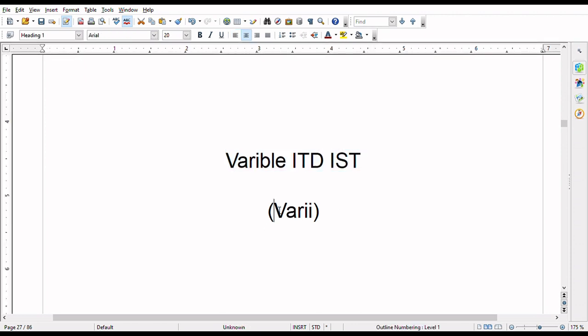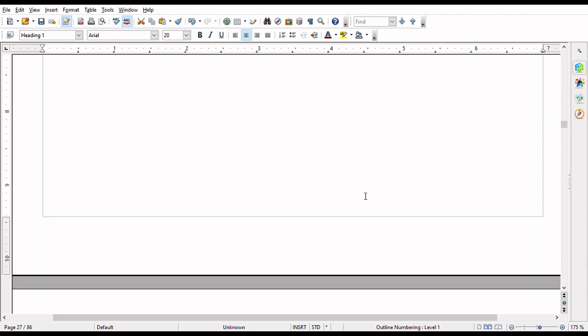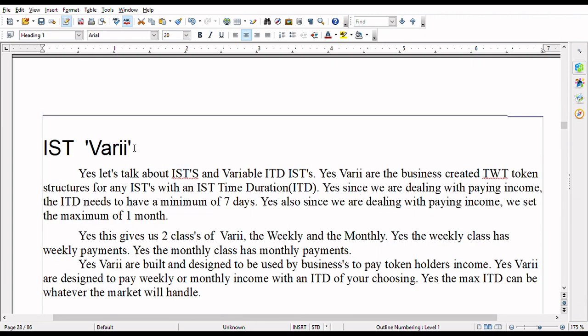Today we'll be learning the variable ITD IST, or Varii for short. Varii is a particular IST created by businesses that have an IST time duration. Yes, they vary in time, and we call them a Varii.